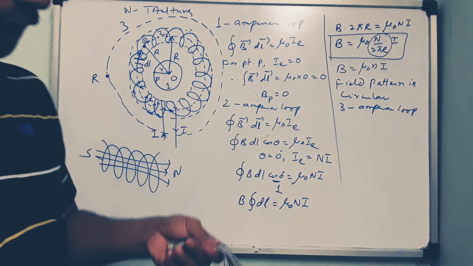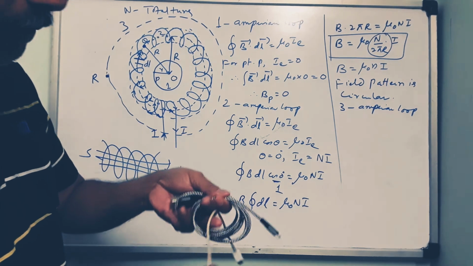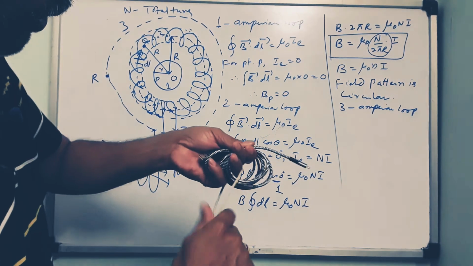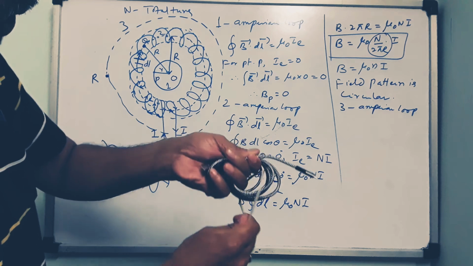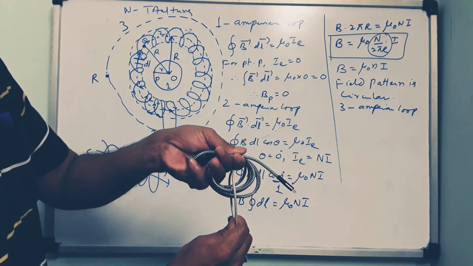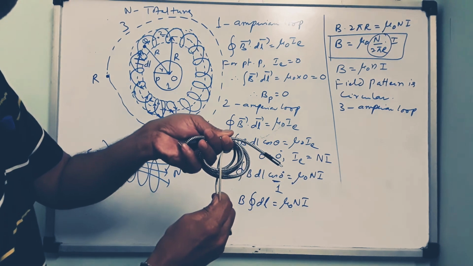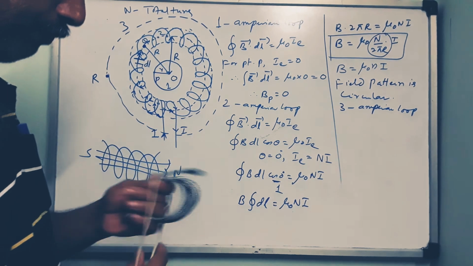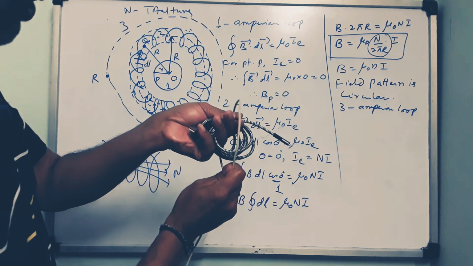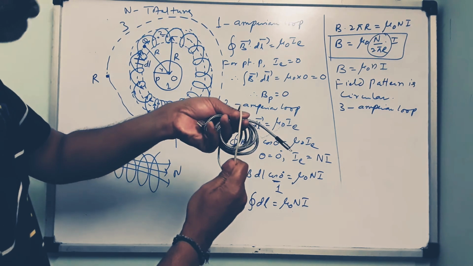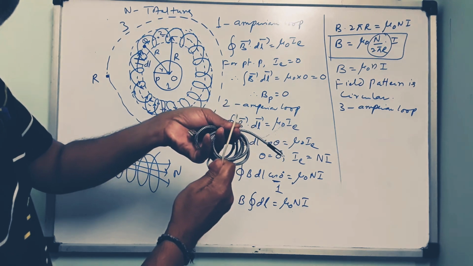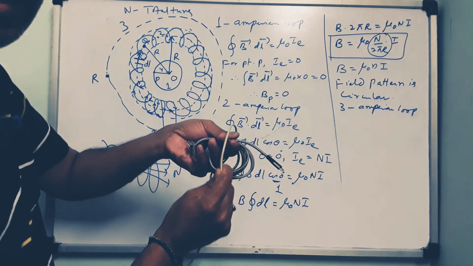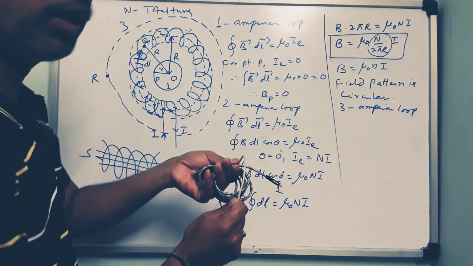Am I clear? Right. For a point inside, now this Amperian loop, the white one, will enclose only the lower portions of the semicircles. Whereas this third Amperian loop encloses not only the lower semicircles but also the upper semicircles. Therefore, the current at the bottom and the current at the top of a particular coil cancel out. So IE will become what? 0.